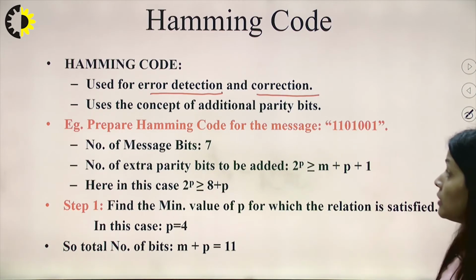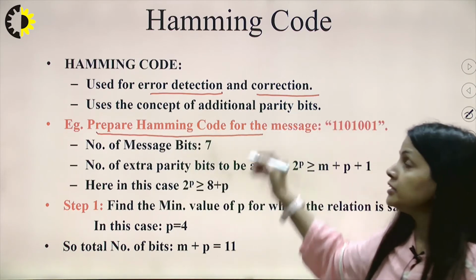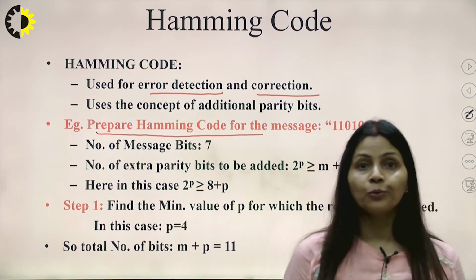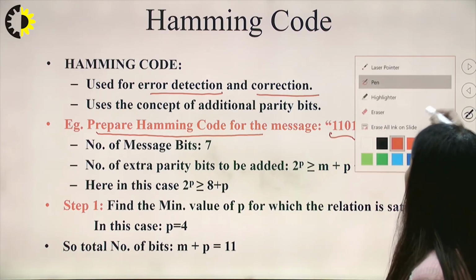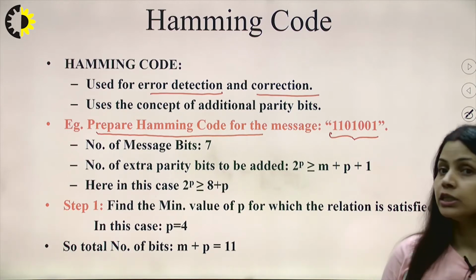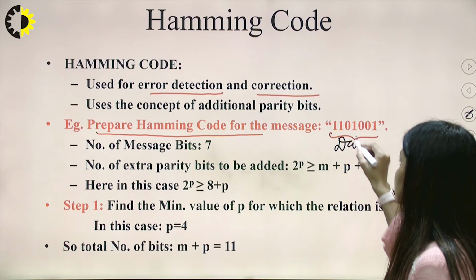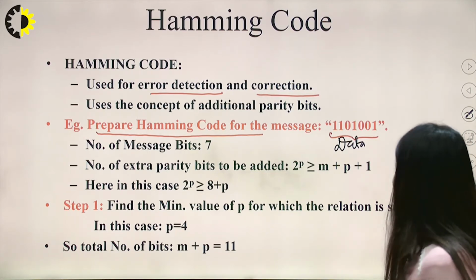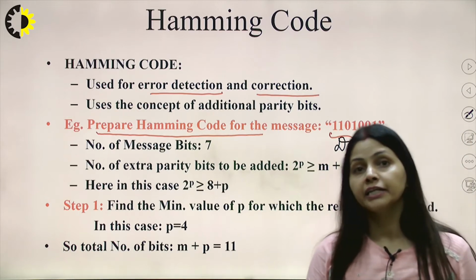Next, let's say we have an example: generate the Hamming code for this particular data, 11010001. This is my data, and for this data I want to generate the Hamming code.